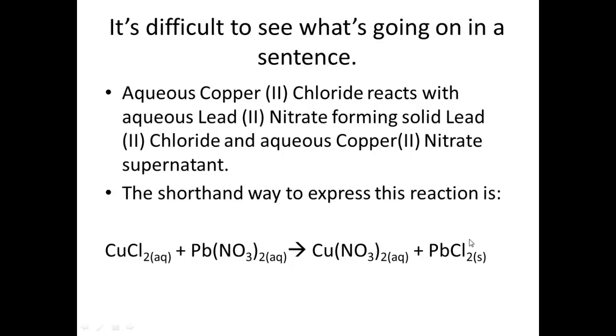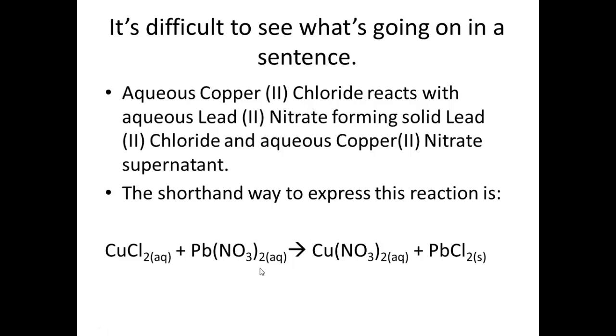And lead 2 chloride solid. So here you can see exactly what's going on with the elements, what they're starting with, what they're ending with, what their phase of matter is, if they're in solution or if they're solid. So if you looked at this reaction, what could you tell would be mixing? You're adding two things that are aqueous. So what does that mean? Dissolved. Two things dissolved. So you have two solutions.